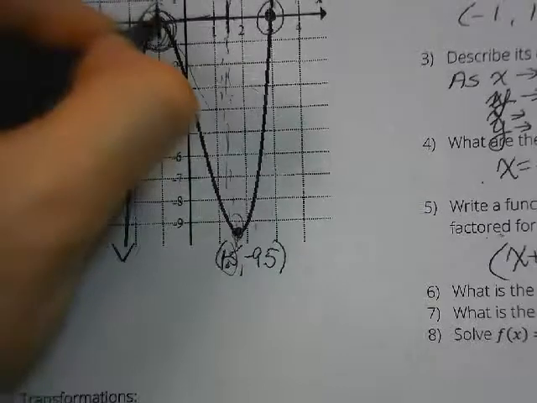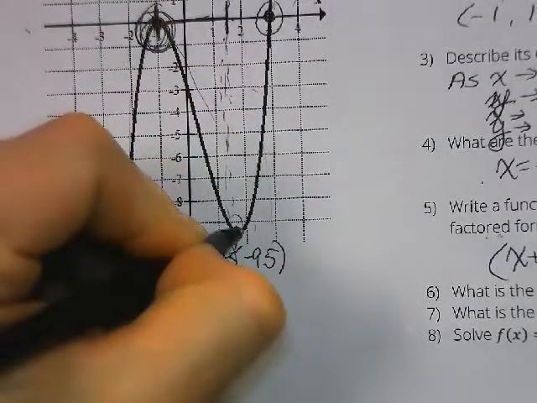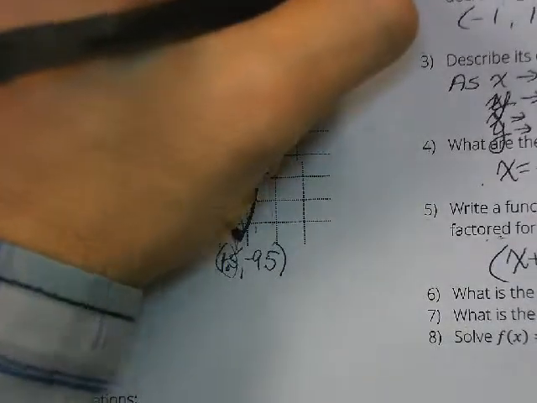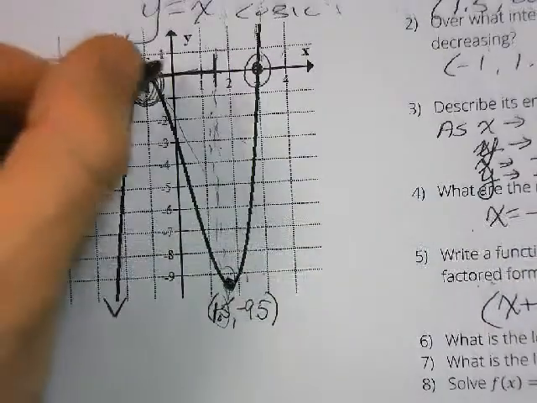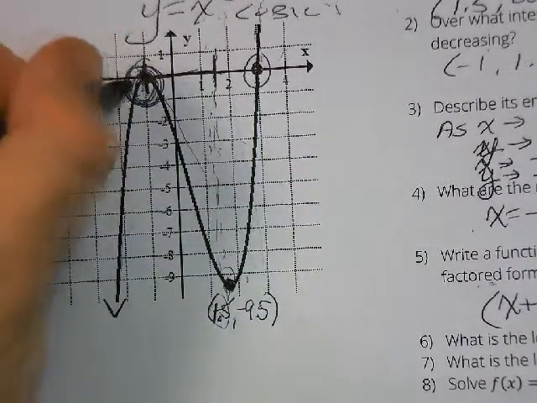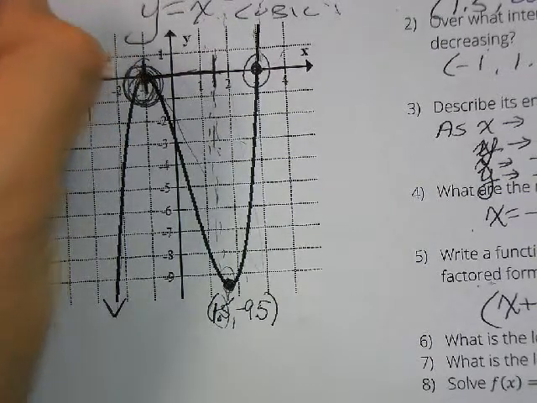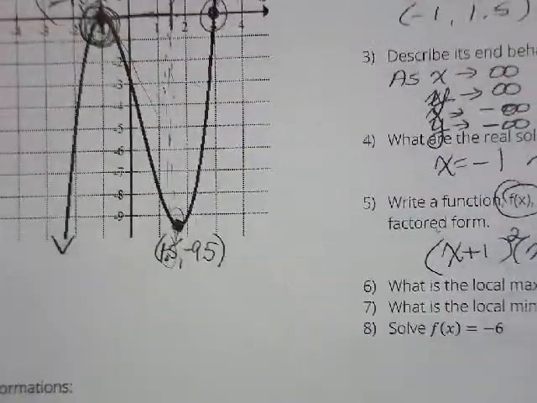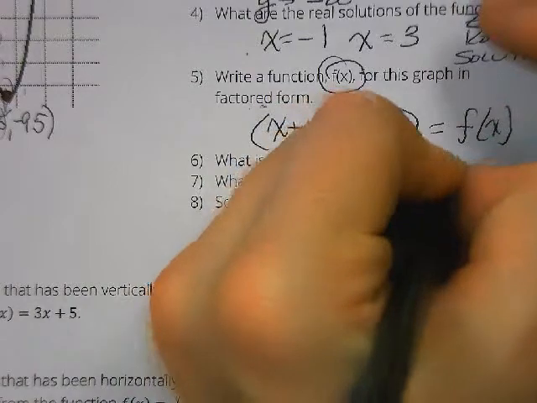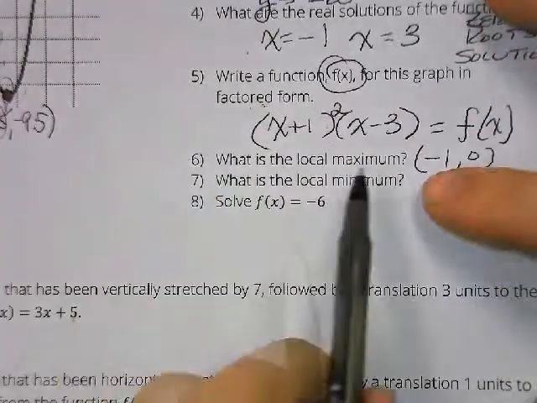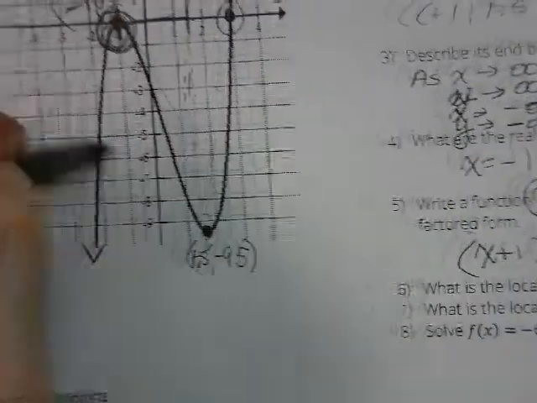So our maximum, local maximum, happens at this coordinate point, negative 1, 0. The local minimum, the minimum point happens down here at 1.5, negative 9.5 at that coordinate point.